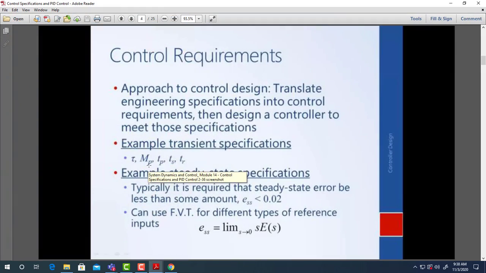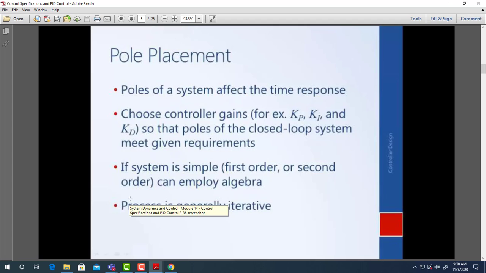So now, how do we translate the design requirements, transient and steady state, to pole placement? We know that the poles of a system affect the time response. The pole location affects the time response. We've spent some time on it, right? Our goal in control design is to choose the controller gains so that the poles of the closed loop system meet your requirements.